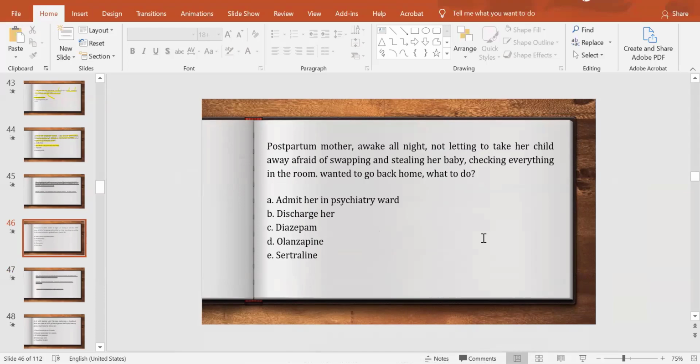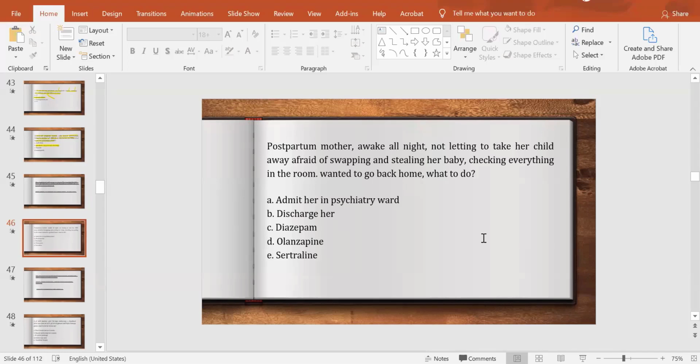She keeps checking her baby, has thoughts to harm the baby. Is the obsession the mother getting overprotective, or psychosis? She had a thought to harm the baby. No, it's not like that. Usually, we can also keep it as overprotective mom, but in here, if you look at here, not letting anyone take her child away, afraid of swapping and stealing her baby.